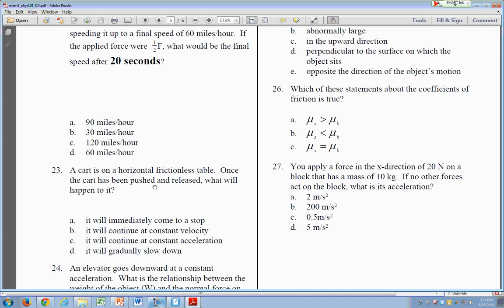Static friction is almost always bigger. We gave that example in class when you're pushing a big piece of furniture. It's hard to get it moving, but after you get it moving, it's easier to move it. That's because the static frictional force is bigger. So for this one, the answer is A, that the static coefficient is bigger than the kinetic coefficient.